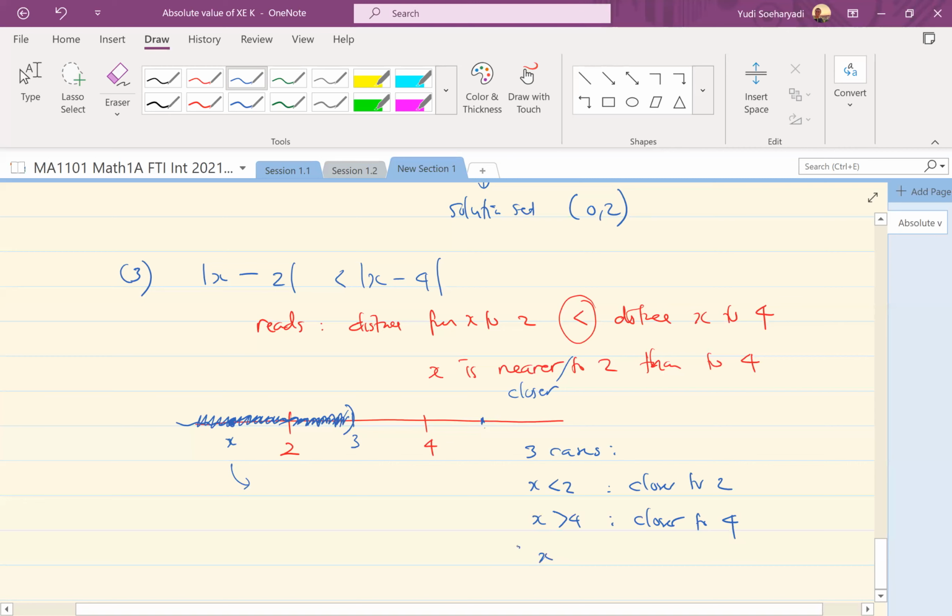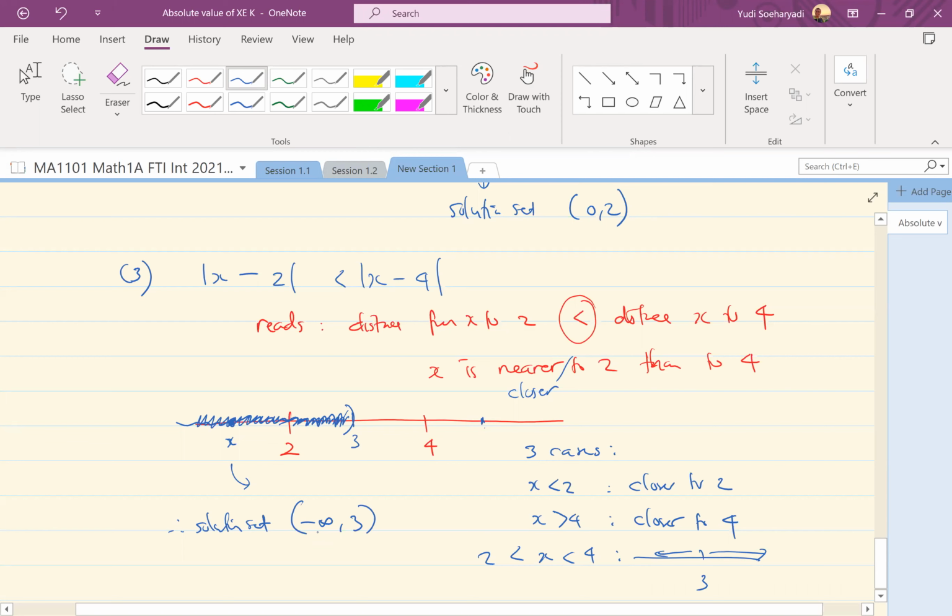Okay, so for x in between, 3 closer. Yeah, 3 cases. So the solution set is, let's see.